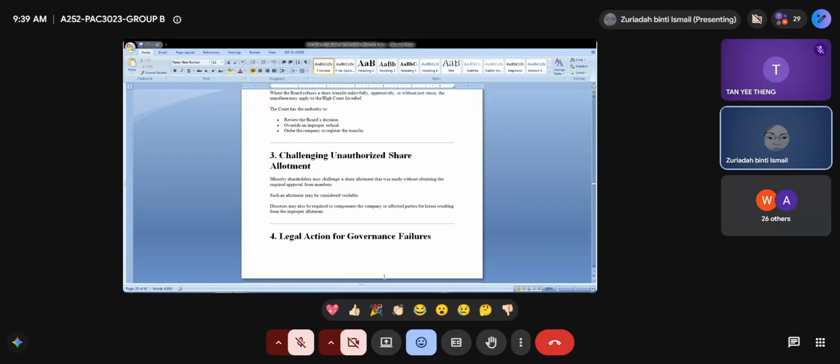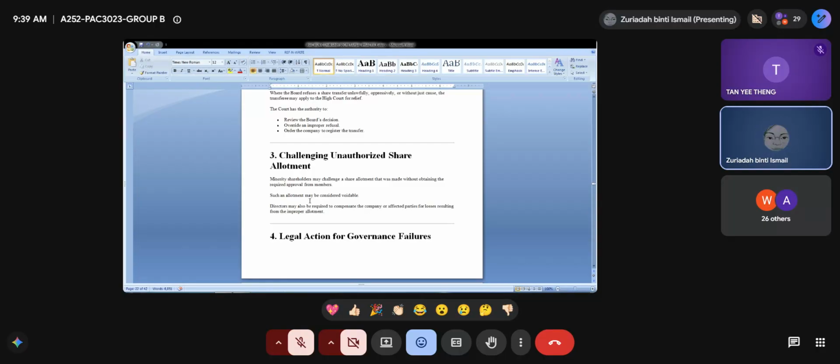And for shares allotment, the minority shareholders can challenge where the shares have been allotted without shareholders' approval.